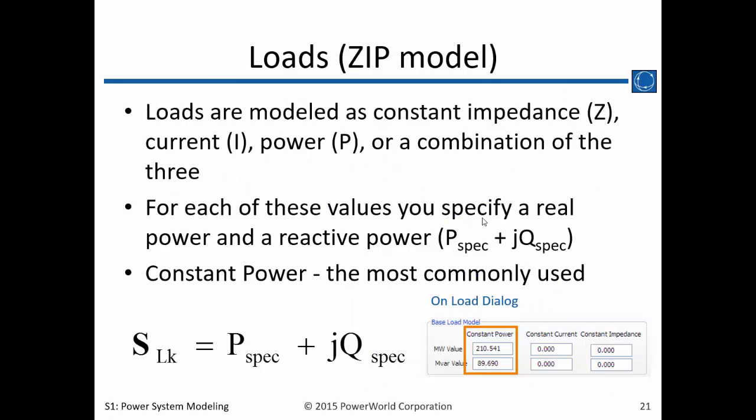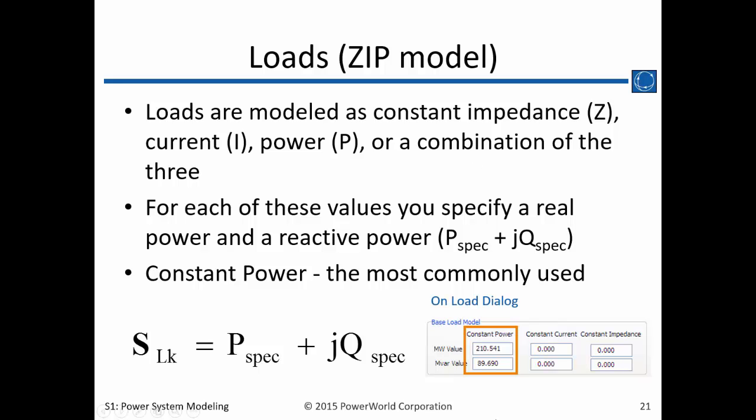So now we'll talk about how loads are modeled. Loads are modeled as one of three, or a combination of three types, which are constant impedance, constant current, or constant power. Most of the time your models are constant power, which means you plug in a megawatt and megavar value and it just stays the same all the time, no matter what's going on in the system.